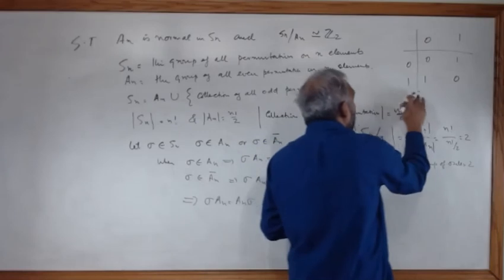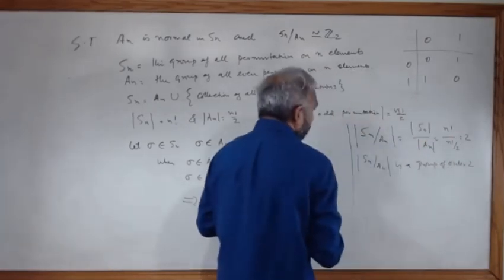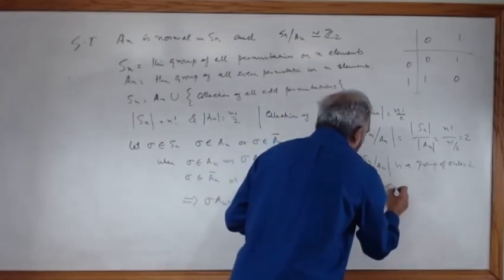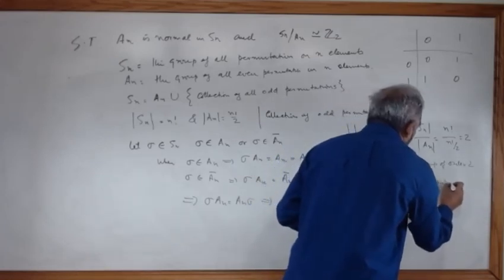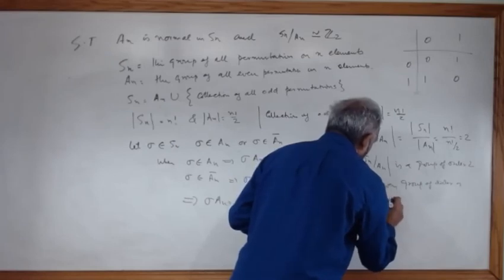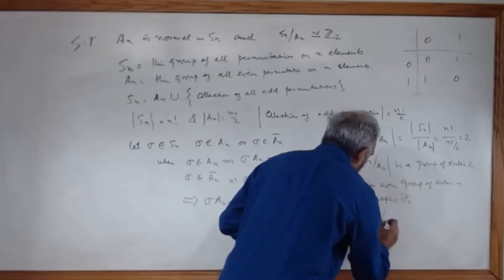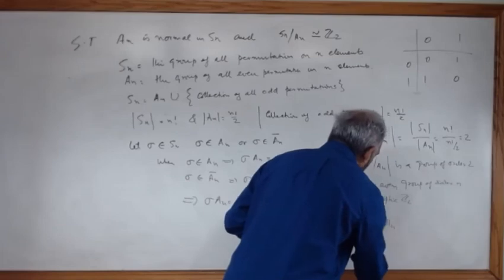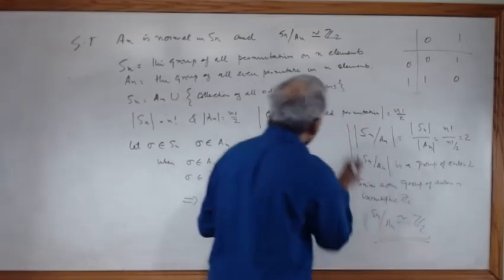So every group of order 2 is isomorphic to Z2. Since every group of order 2 is isomorphic to Z2, Sn over An is isomorphic to Z2, and that's what we want to prove.